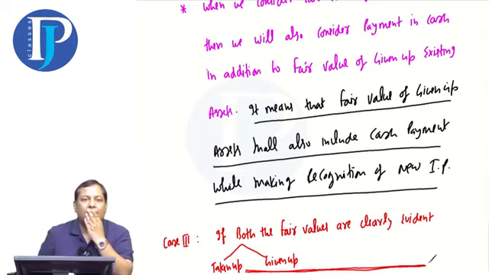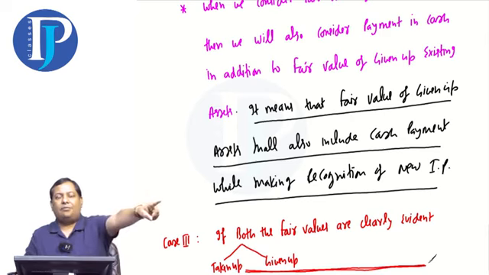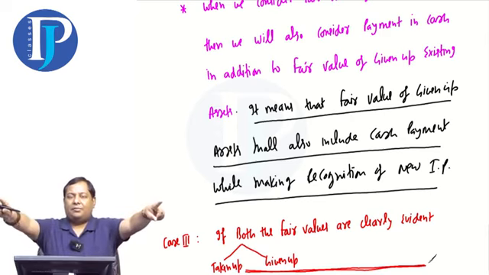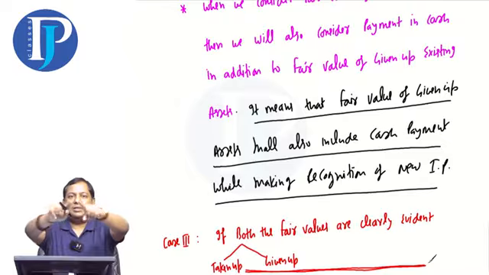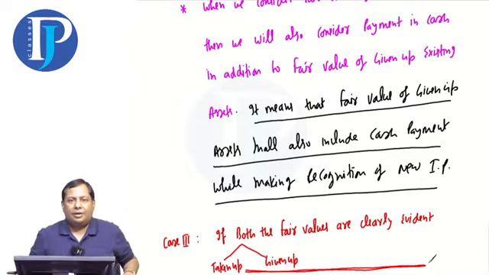Don't see taken up. What happens practically? The difference between the fair values given up and taken up is settled in cash. Otherwise, one or the other will suffer loss. This is what happens practically. So do whatever they are asking.